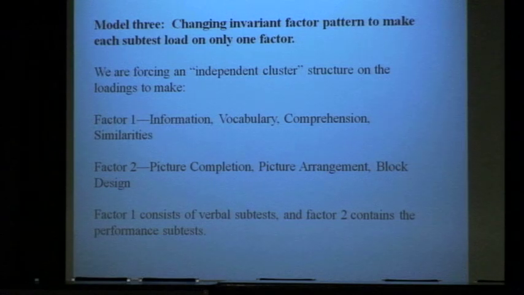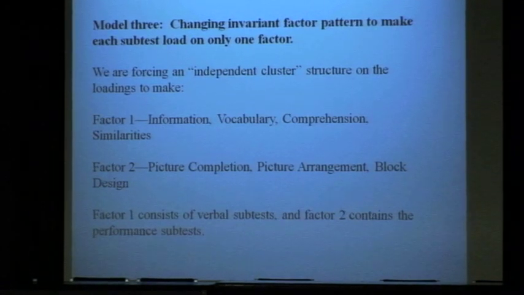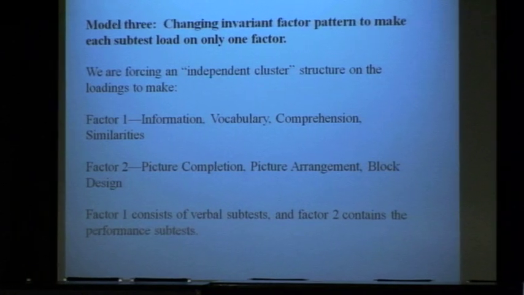And so in doing this, I made factor 1 consist of the 4 verbal tests. Factor 2 are the 3 performance tests. And everything else is the same. The factor loadings are invariant, and they're restricted to be confined to one factor only for each variable. And here's the program that does that.